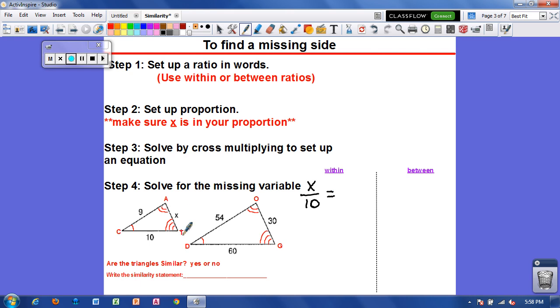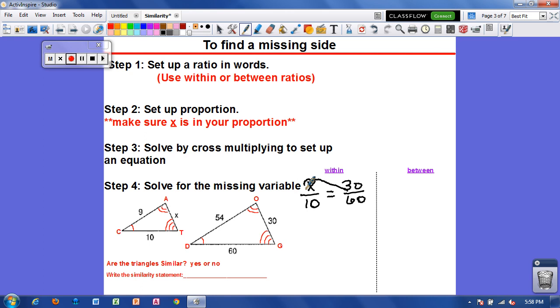So I want to set that equal to the corresponding side on the big triangle. So x was on AT. That corresponding side is OG. So I'm going to take that 30. Now I took x and put it over the bottom, so I'm going to take 30 and put it over the bottom on the bigger triangle, which is side DG. So that would be 30 over 60.